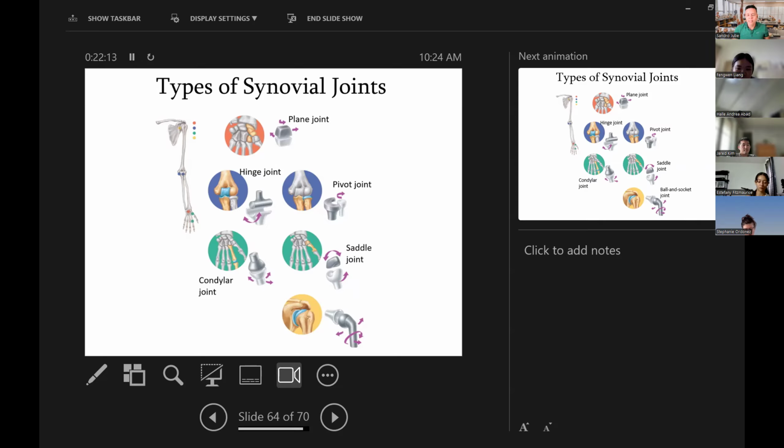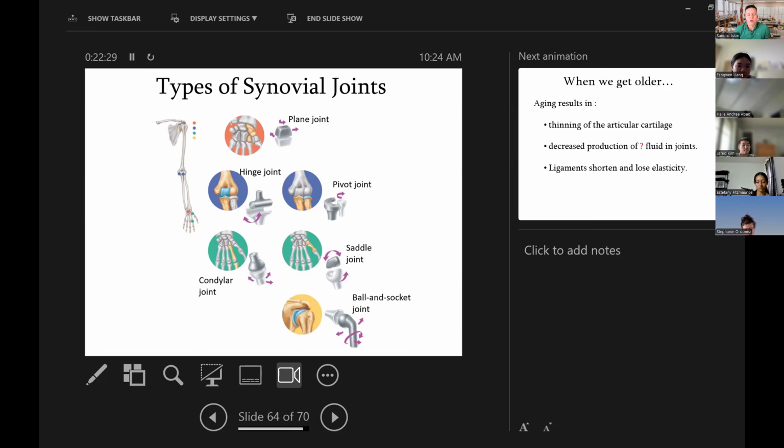And we have a saddle joint, which is a special joint that we find in our thumb, right here. And finally, we have the most movable joint among the synovial joints, and that's the ball and socket joint. Our shoulder joint is a ball and socket, and our hip joint is also a ball and socket. Any questions, guys?